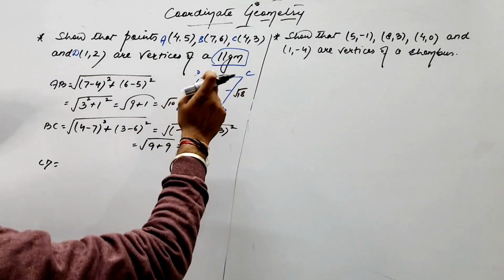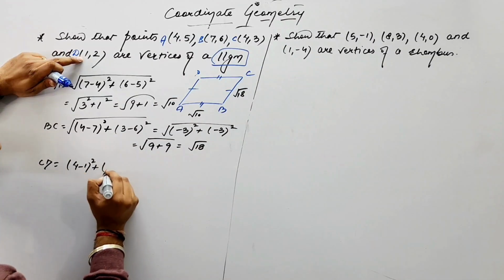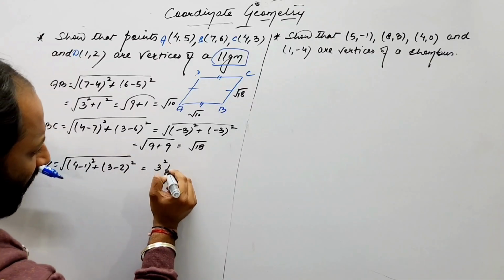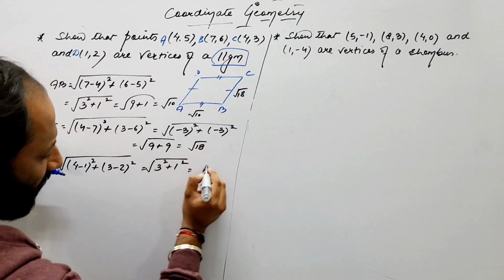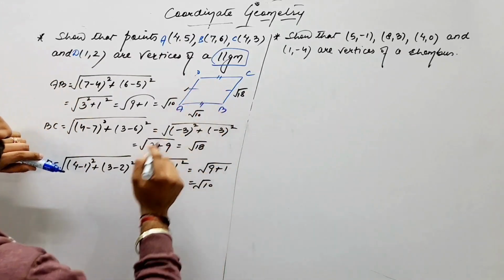CD, C and D. 4 minus 1 square plus 3 minus 2 square. 3 square plus 1 square, 9 plus 1, root 10. This also we got.